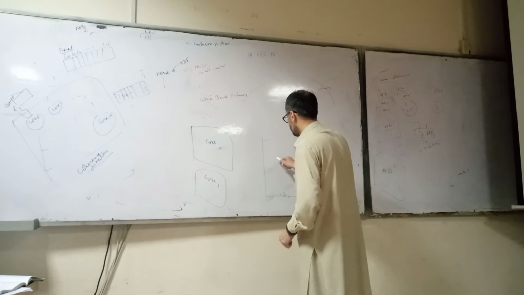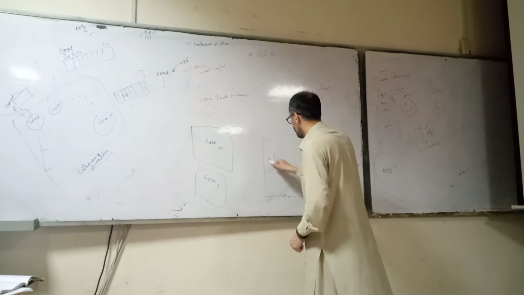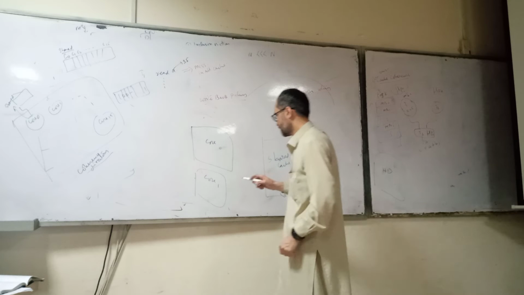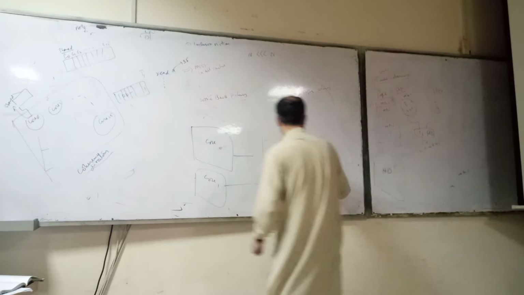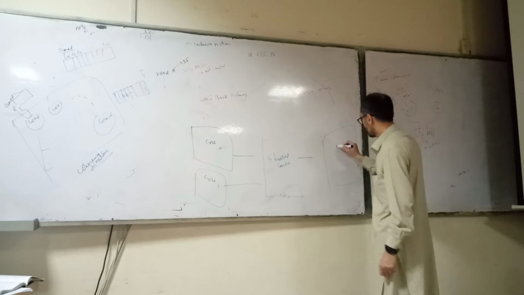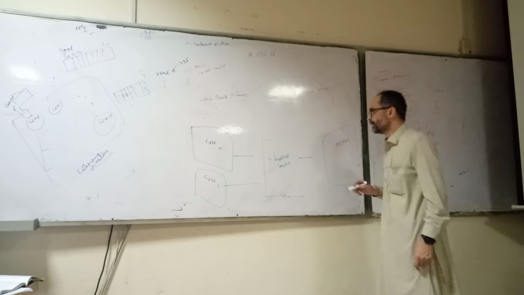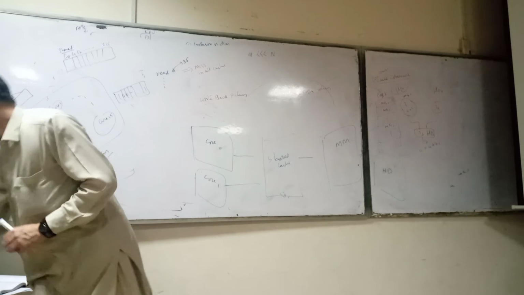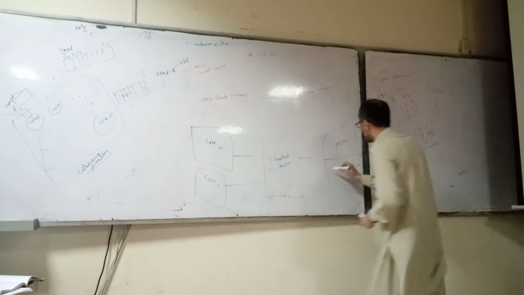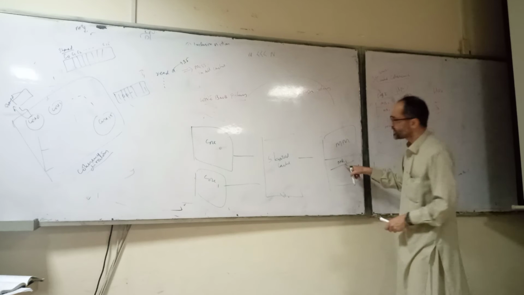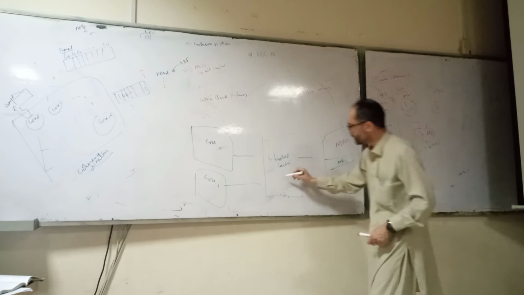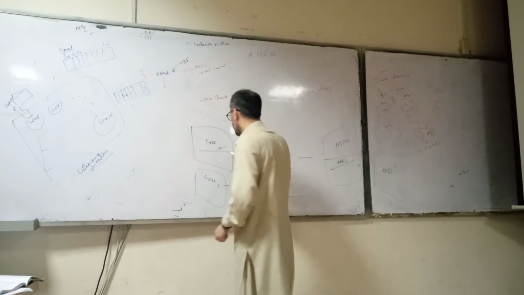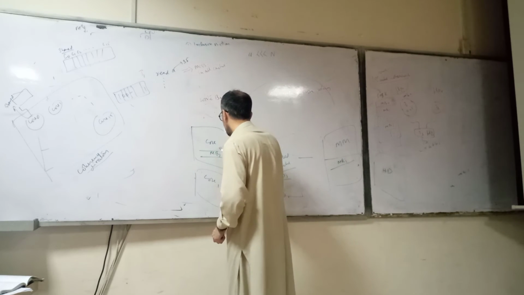Now we have this shared cache. Now listen, if you have some blocks from main memory, maybe this block is MBJ, and if it does not exist in the cache, you put it in here, and then if this core requests it, you put MBJ here.